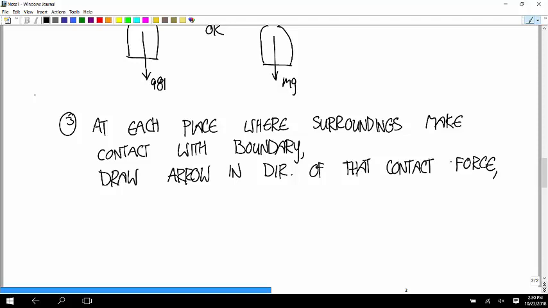And label that vector with either a numeric value if you know it or a variable representing that value.